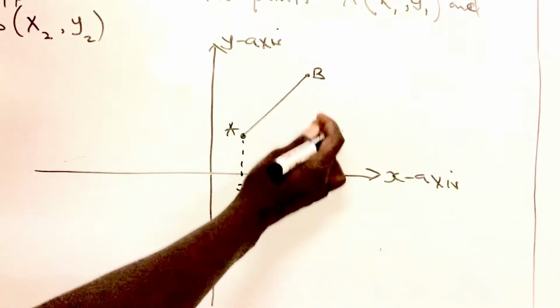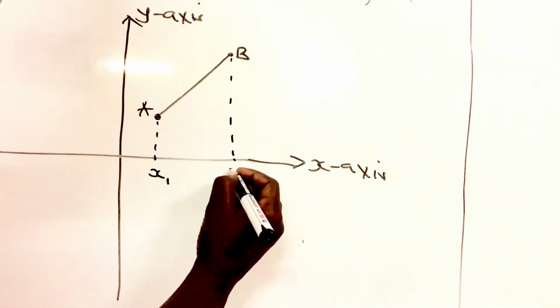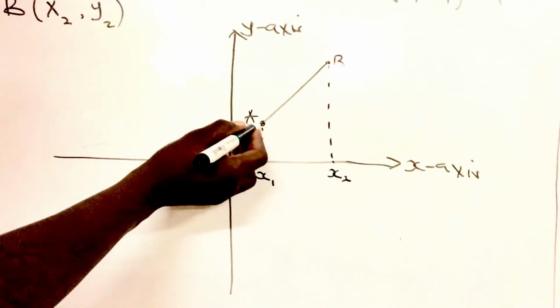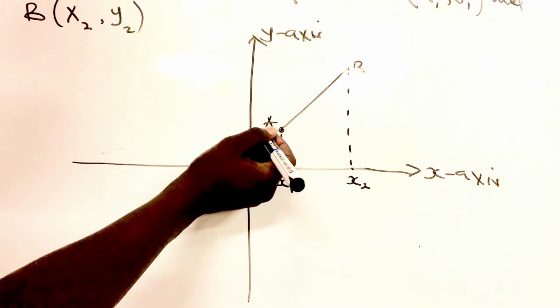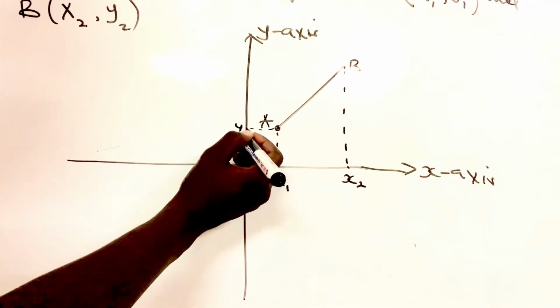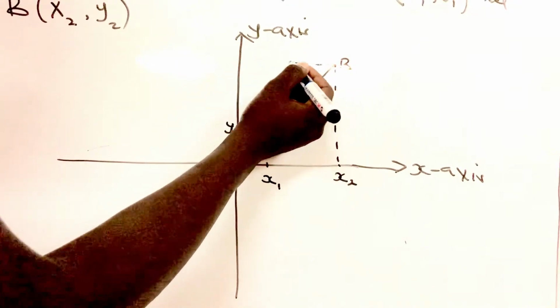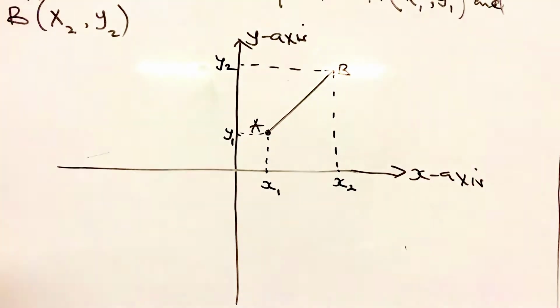B also has a coordinate on the x-axis that we shall call x2. The same point A has a coordinate on the y-axis, which is called y1, and B also has a coordinate on the y-axis called y2.